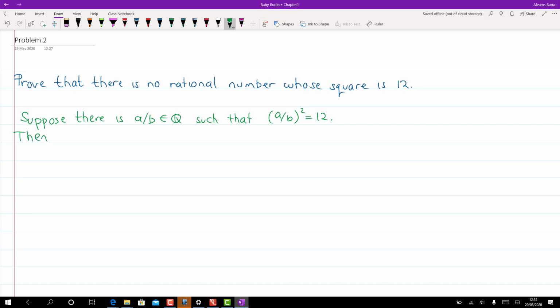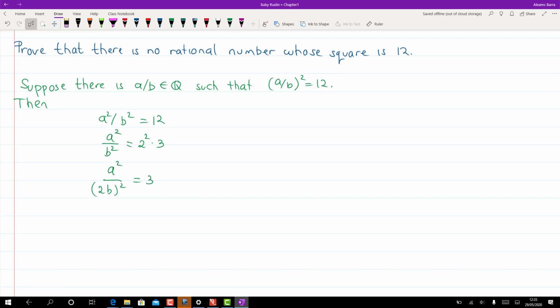Then a squared over b squared is equal to 12. Maybe I should write it down in a different way: a squared over b squared is equal to 2 squared times 3. We divide both sides by 4, so it's going to be (a over 2b) squared is equal to 3.